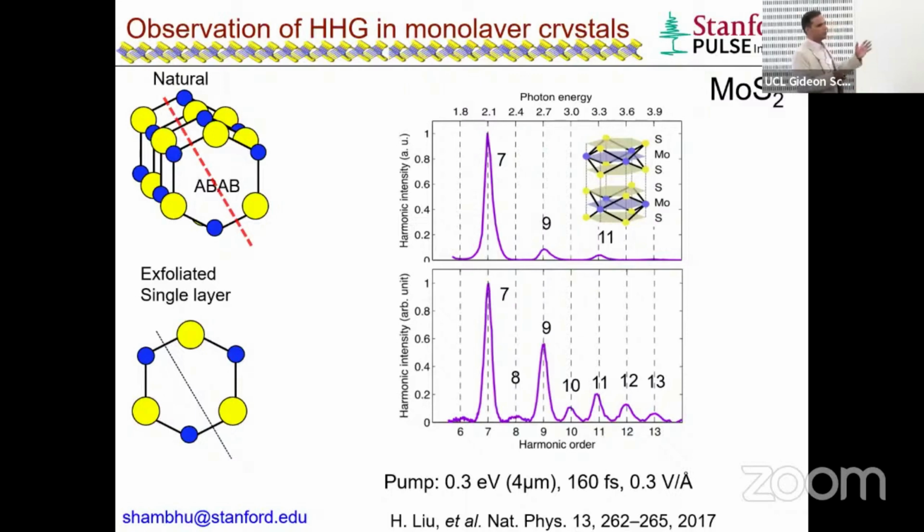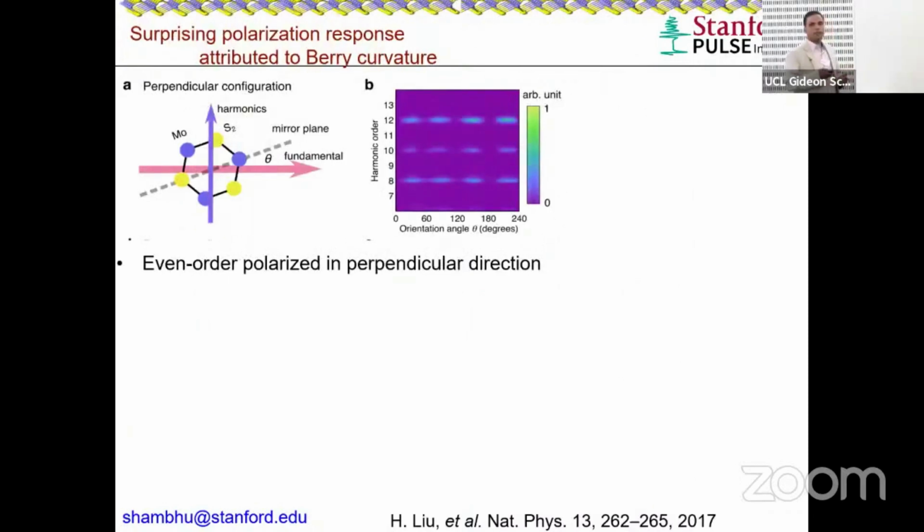And this itself wasn't really surprising, people have produced a second harmonic from this system for some time already. What was surprising was that the polarization of these even order harmonics was actually orthogonal to the drive laser field. This never happened in atomic systems and arguably in molecules that we talked about yesterday.